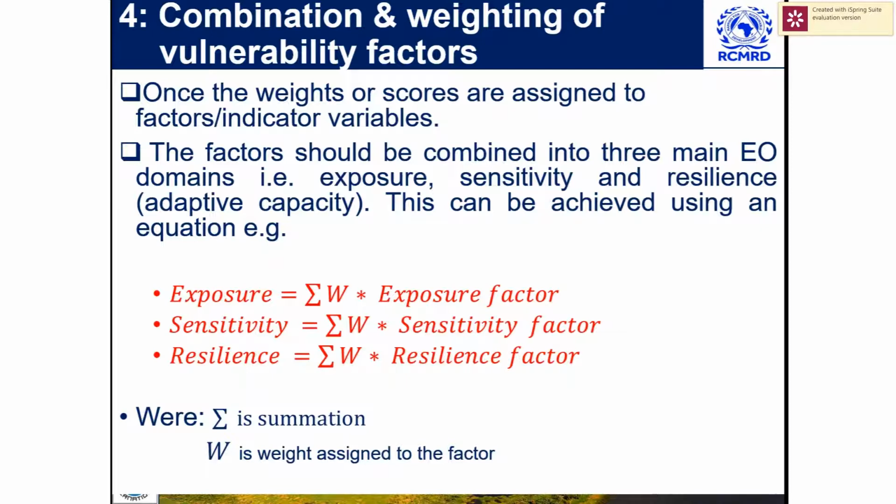And you do the same for the sensitivity layer and the resilience layer. We'll see in the final lesson how this is performed within the prototype that has been developed for wetland vulnerability analysis.